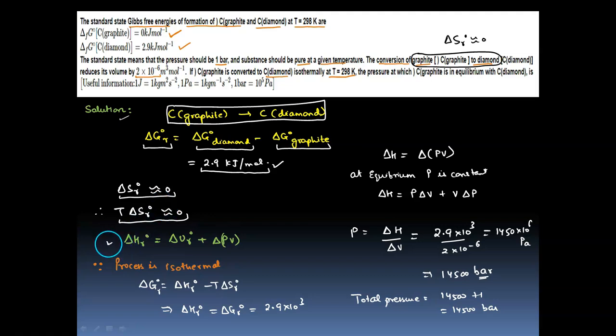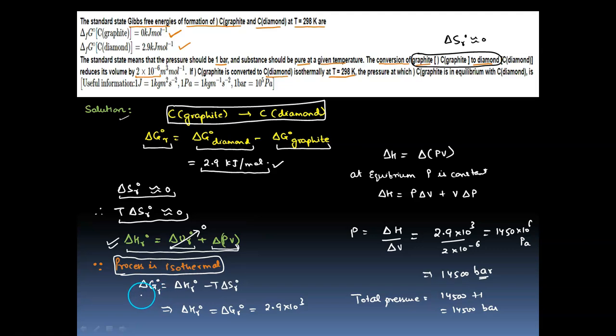Now how do we define enthalpy? Enthalpy is U plus PV. If we differentiate it, we get change in standard enthalpy equal to change in internal energy plus change in PV. Further, the question says the process is isothermal. If the process is isothermal, then delta U goes towards 0. So delta H is equal to delta PV.